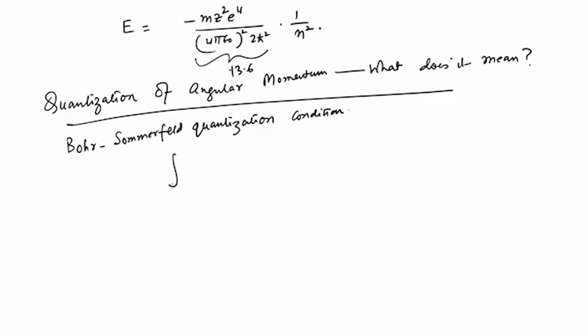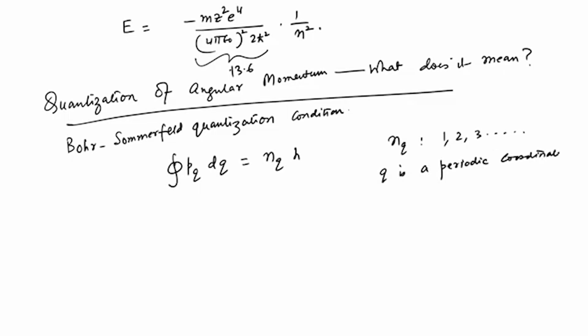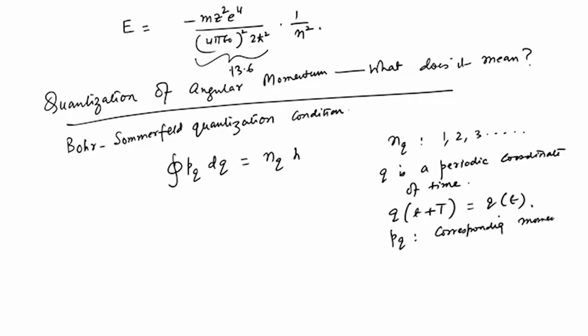This condition states that the integral of p_q dq is equal to n_q h, where h or h cross does not matter. n_q is a quantum number with integer values, and q is a periodic coordinate in time, which means that q of t plus T is equal to q of t. p_q is the corresponding momentum, and we have touched upon generalized coordinates and generalized momenta. So, these are really the generalized coordinates and generalized momentum.